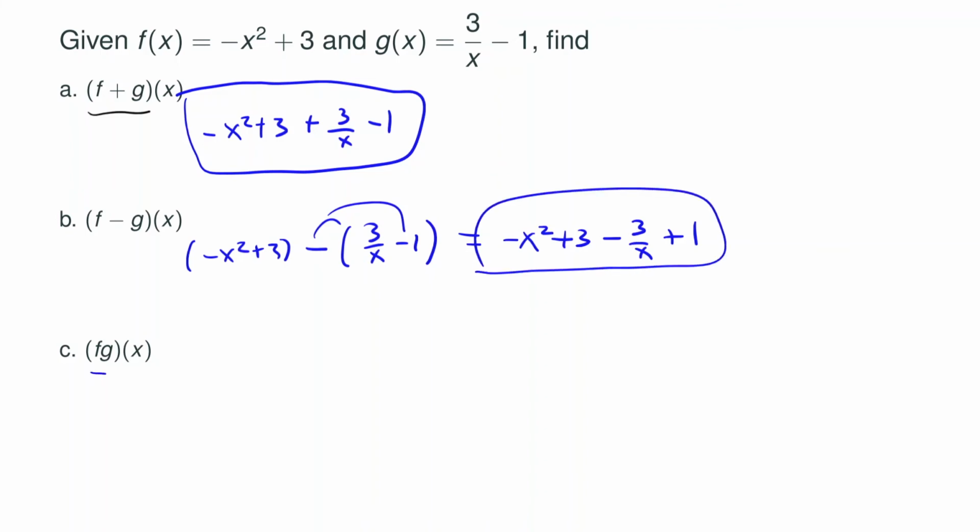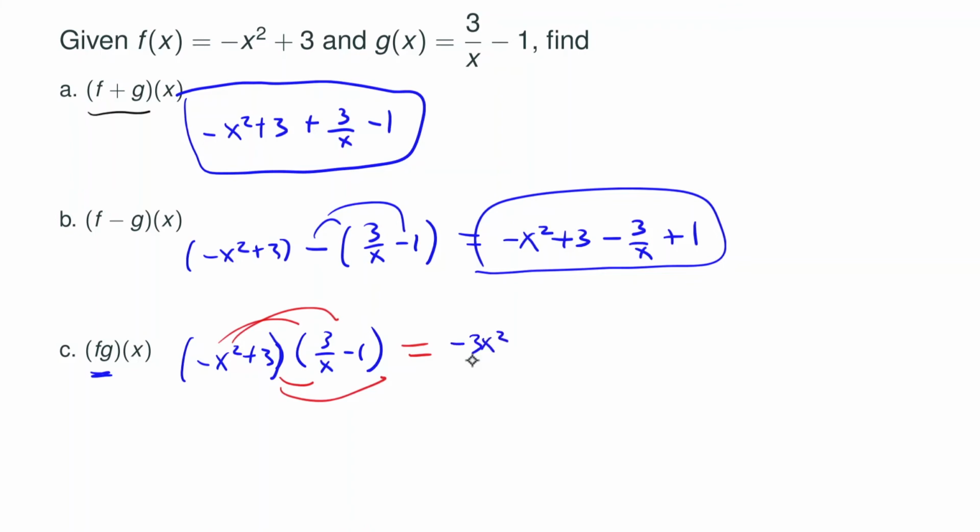Now this means multiply. So we multiply negative x squared plus 3 times, make sure to write parentheses, 3 over x minus 1. Then we can distribute like this and this to get, let's say, negative 3x squared over x plus x squared plus 9 over x minus 3.